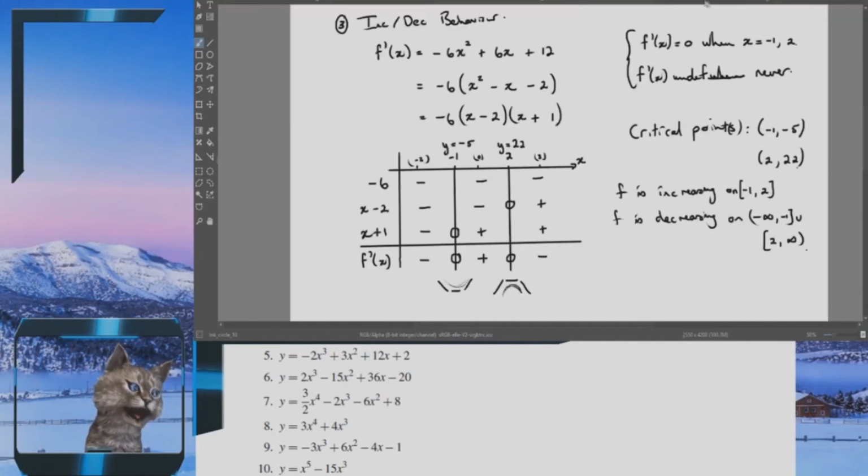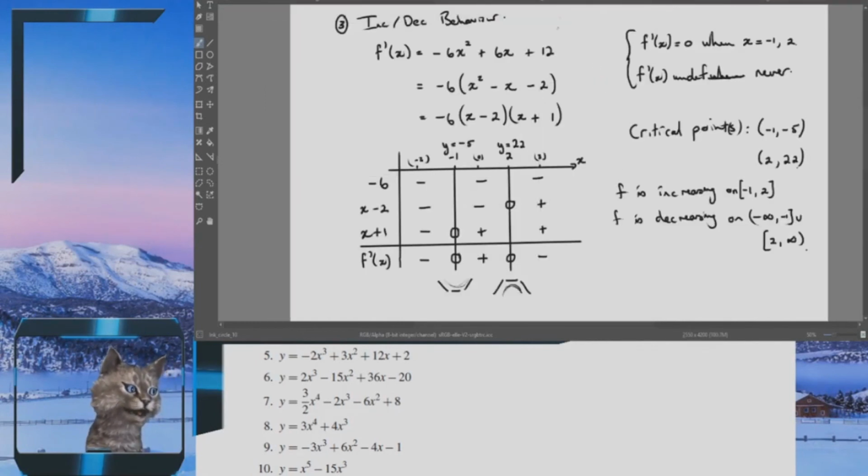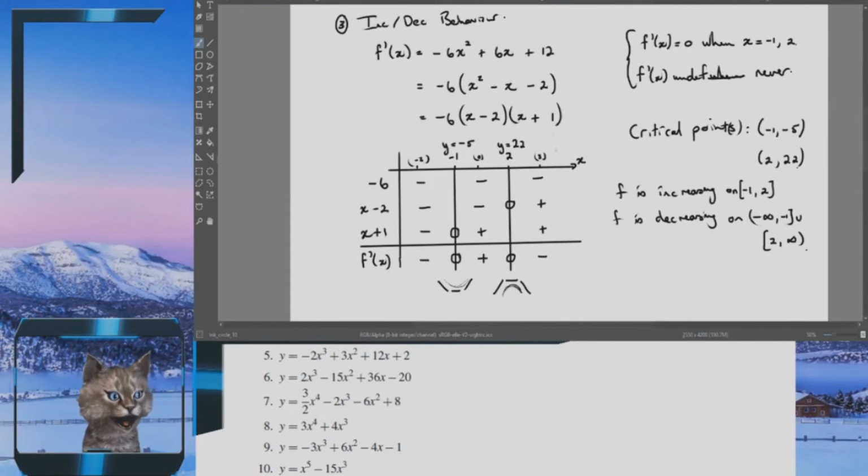Then at 2 and 22, I'll abuse the scale just for convenience of the shape here. At 22, I have my little crest happening there. It's increasing in the middle section, which makes sense because I have to get through my y-intercept. And then it's decreasing as I come to that and decreasing past that. So the shape is starting to form very nicely.